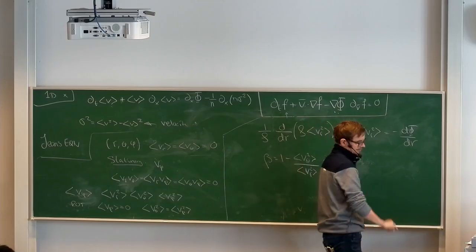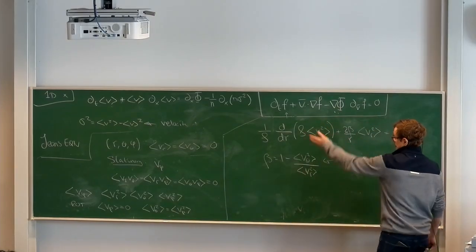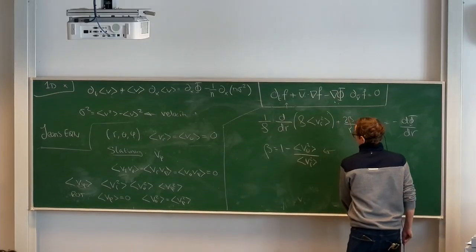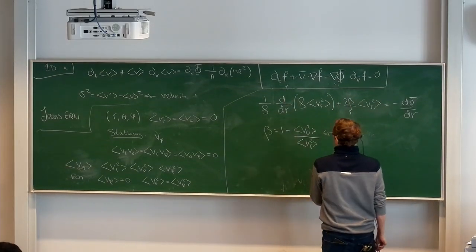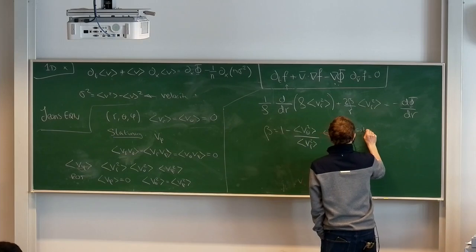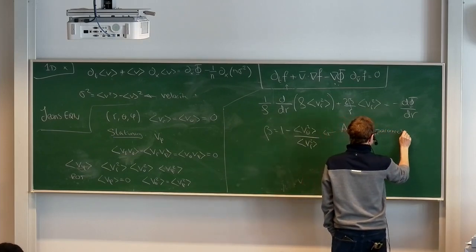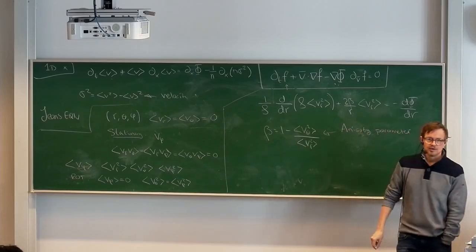You could actually do the same exercise for the Euler equation. This is the anisotropy parameter. So what does this mean?